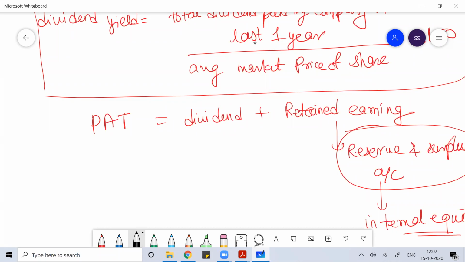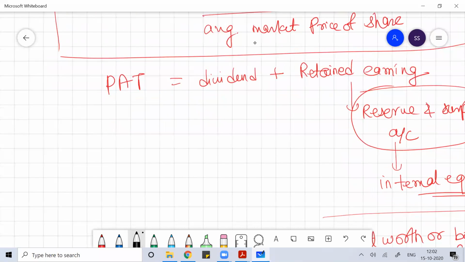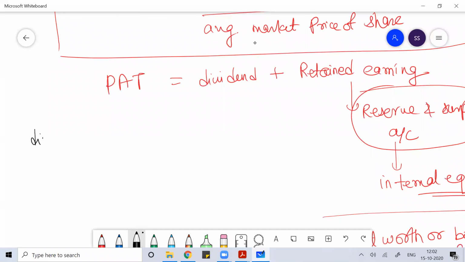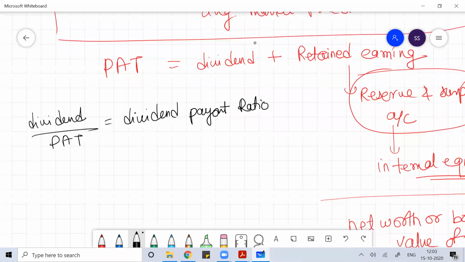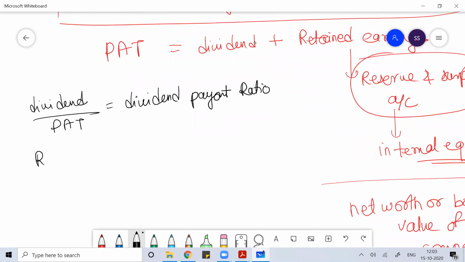If the company wants, it will give dividend, but if it doesn't want, it will not. Dividend divided by profit after tax is called the dividend payout ratio.